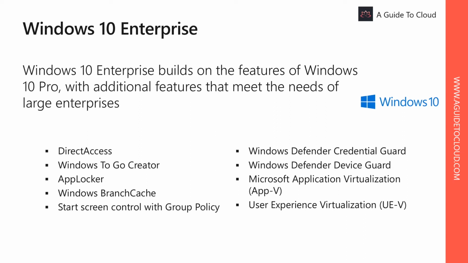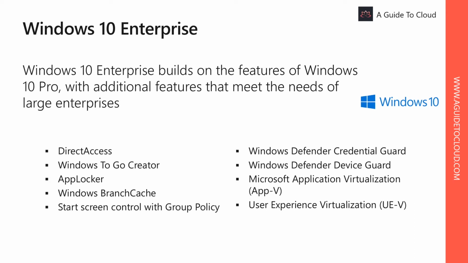There is direct access for your VPN solution, Windows To Go Creator, with which you can take your Windows on a USB, and AppLocker, which lets you block a certain application or set of applications within your organization or your operating system. BranchCache lets you enable a peer-to-peer caching network within your Windows 10 environment.